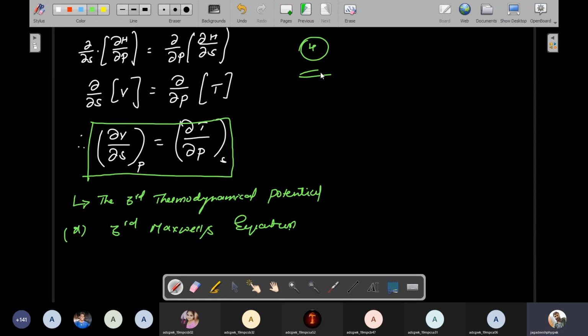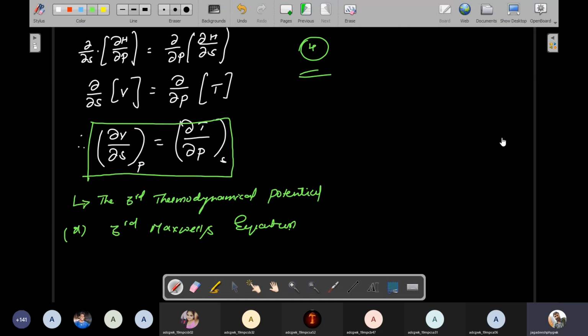First, please everybody note the concept. And shall we move to the next topic, Gibbs function.